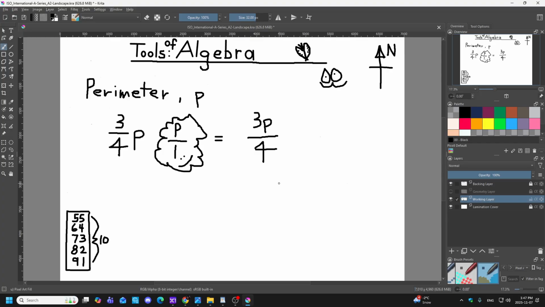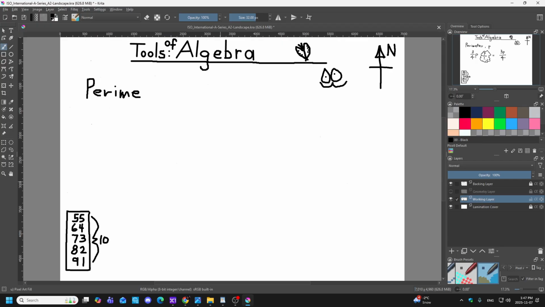Let's do another. N cubed divided by 2. If you had seen in the prior video, I had shared with you an image that says symbols, words, and meanings.